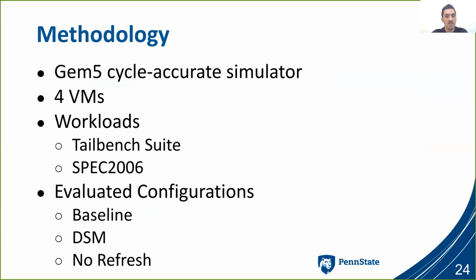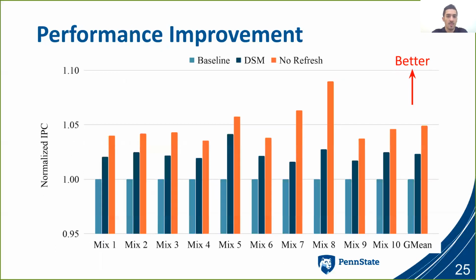First, the baseline, which is refreshing all rows of each bank. In addition, we compared DSM with a no-refresh configuration that assumes DRAM cells do not need refresh, and this is our ideal case. For more details on the evaluation methodology of DSM, please look at our paper.